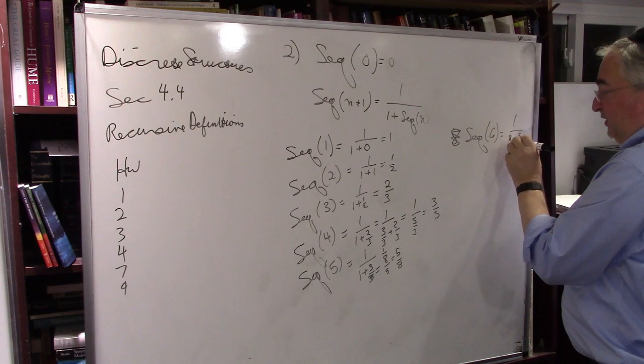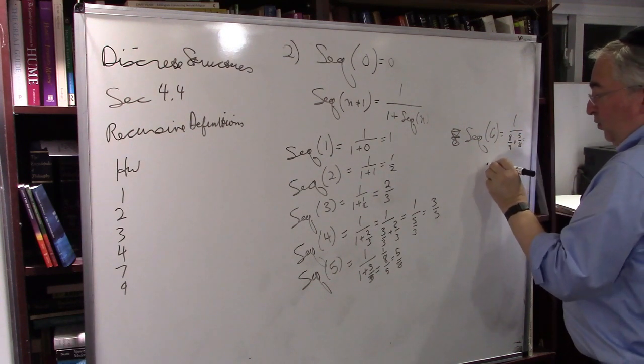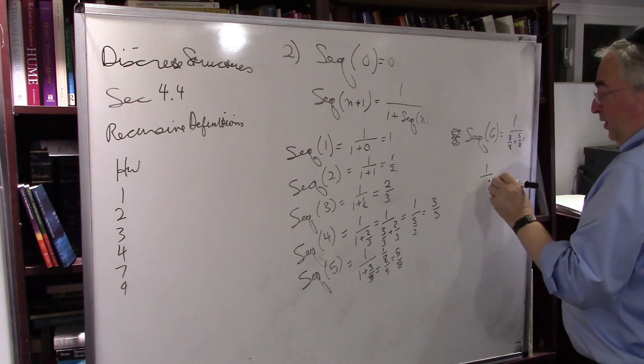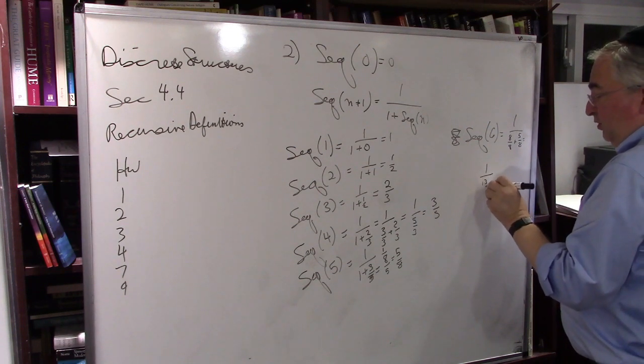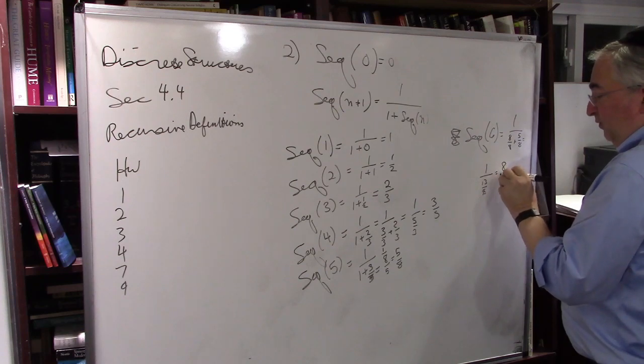I'm going to write the 1 as 8 over 8. So this is going to be 1 over 13 over 8, which is equal to 8 over 13.